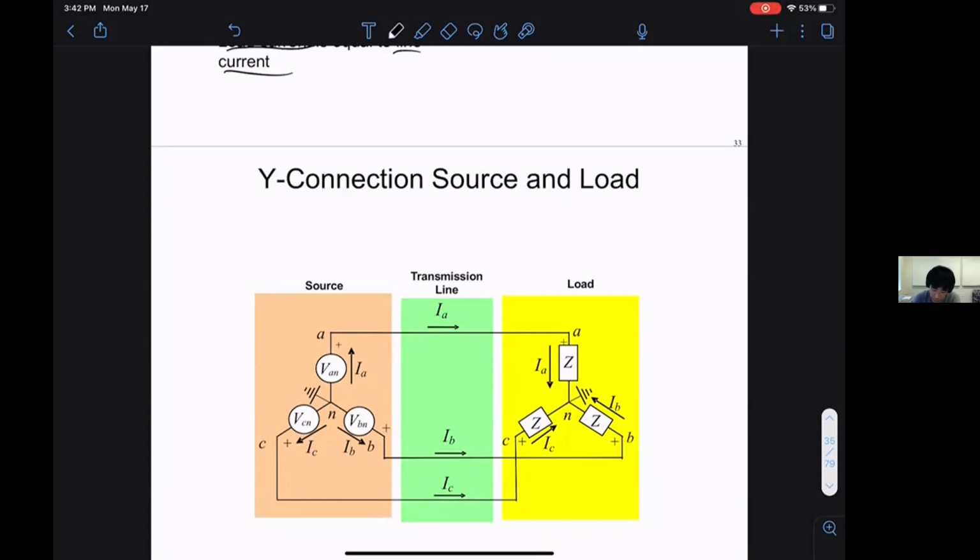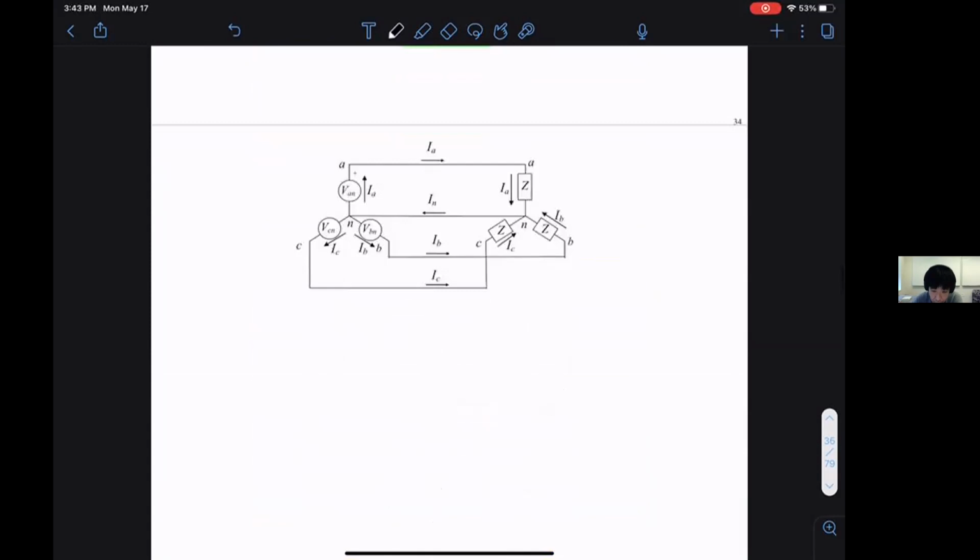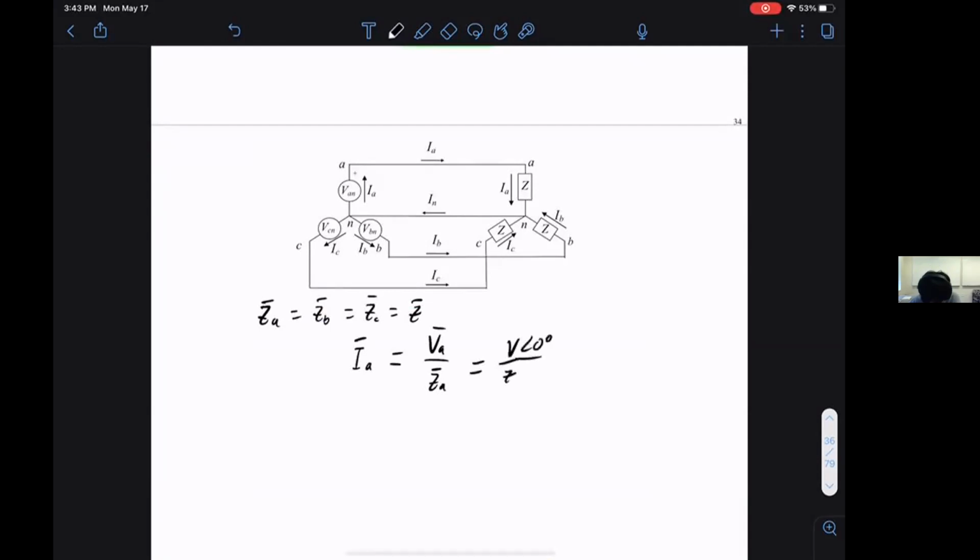For a balanced system, we have ZA equals ZB equals ZC equals Z. The impedances are all exactly the same. So I have IA, the current, is VA divided by ZA. This is V over Z. Suppose V has angle 0 and Z has angle theta.